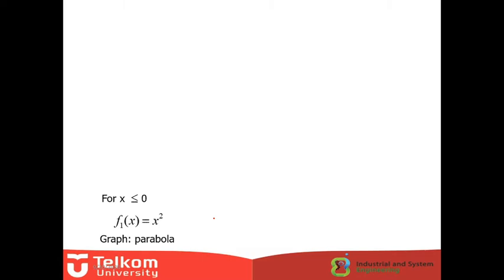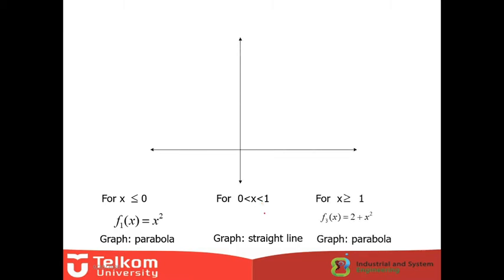Okay, for example, the first region is x less than or equal to 0, and the second region from 0 until 1 should be a straight line, and for f(x) bigger than or equal to 1 should be 2 plus x squared. The x squared in here is a parabola, yeah.